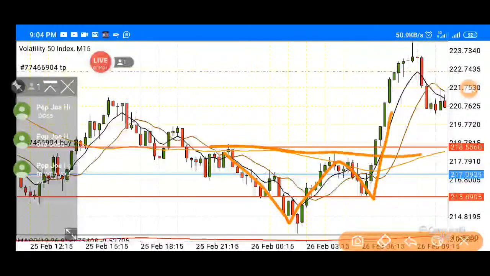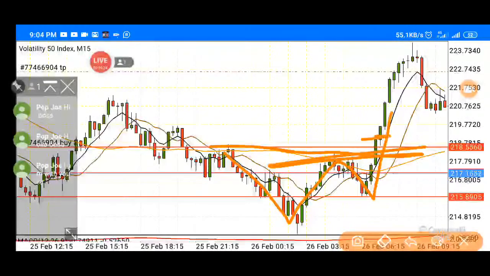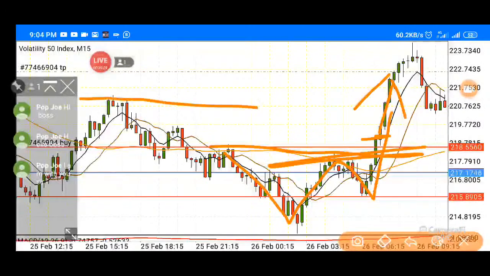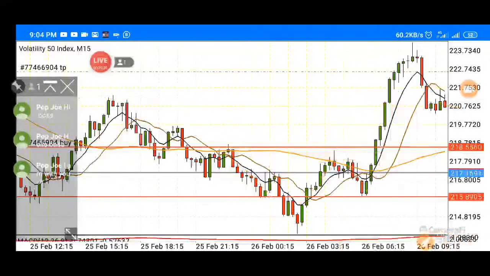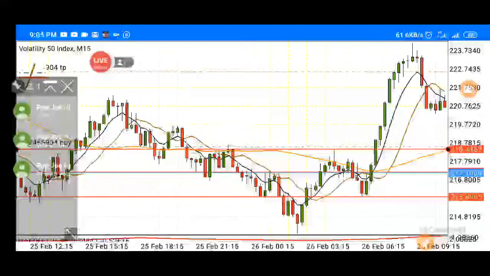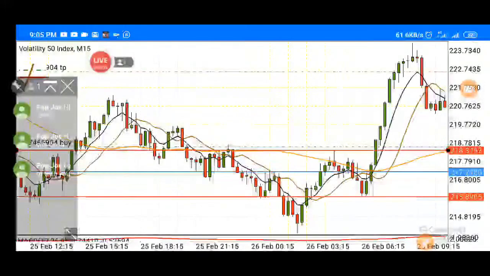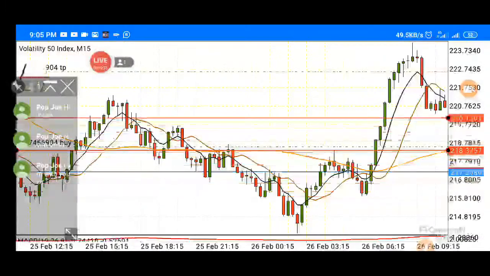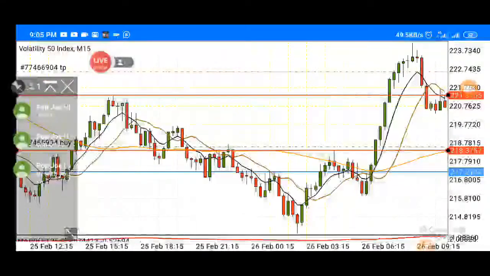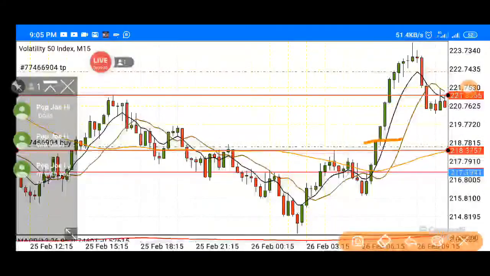You can see after breaking the neckline, if you entered here for a buy, take your profit here. Let me draw the levels. This is the neckline. Take your profit here and you enter here after the breakout. For conservative traders, there was no entry because the market didn't come back to retest and bounce.